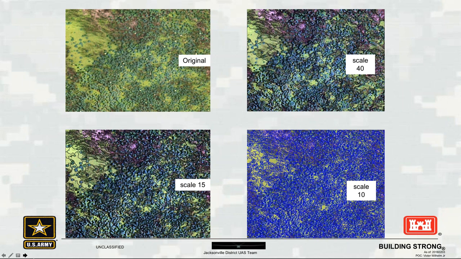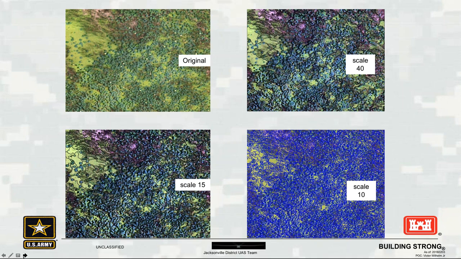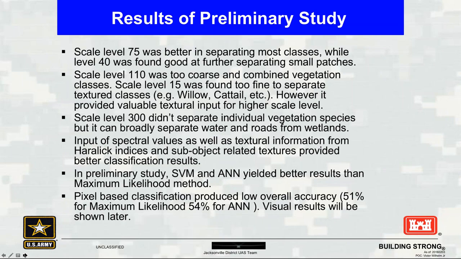That way we can at least quantify it with some degree of accuracy that we can accept, and determine the spatial distribution and the area that this invasive is taking over underneath the canopy and within the canopy of some of these natives. Next slide, please, which is 47.